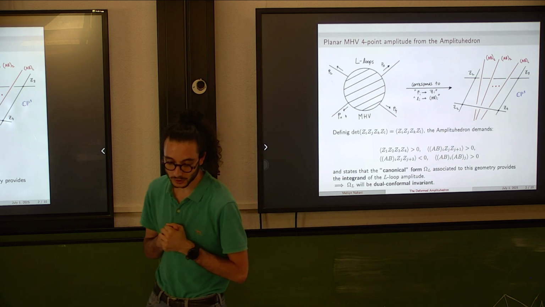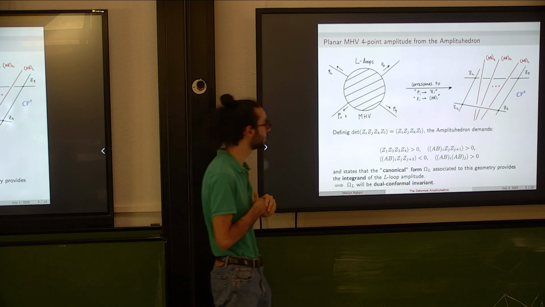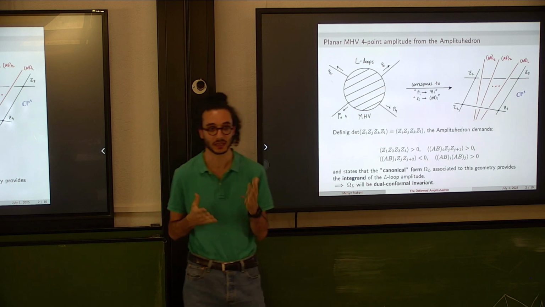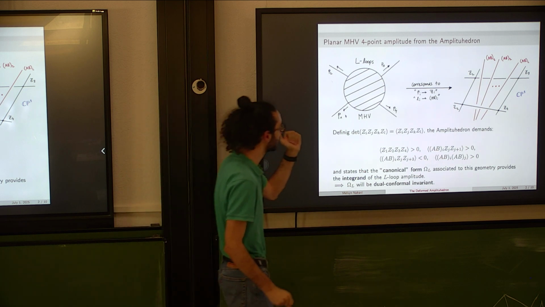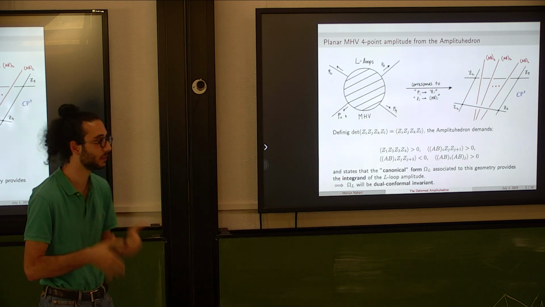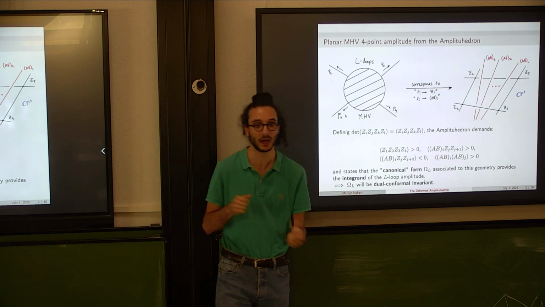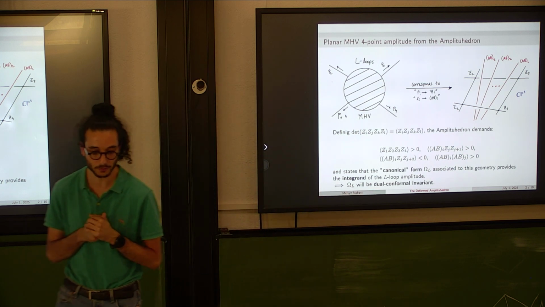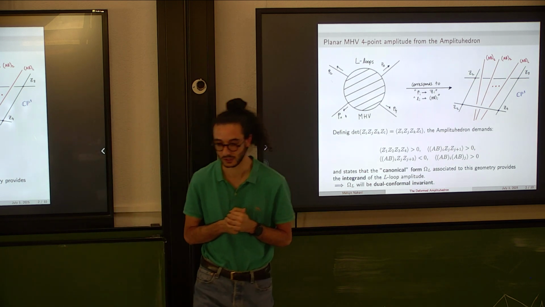By the fact that we work in twistor space, we should expect that the canonical form we derive from this space should be dual conformal invariant, in the sense that if we rescale our external kinematics or our loop momenta, we should expect the form to be invariant. This will be the first main point of how to bootstrap the form, and I will try to explain in more detail what the procedure will be.